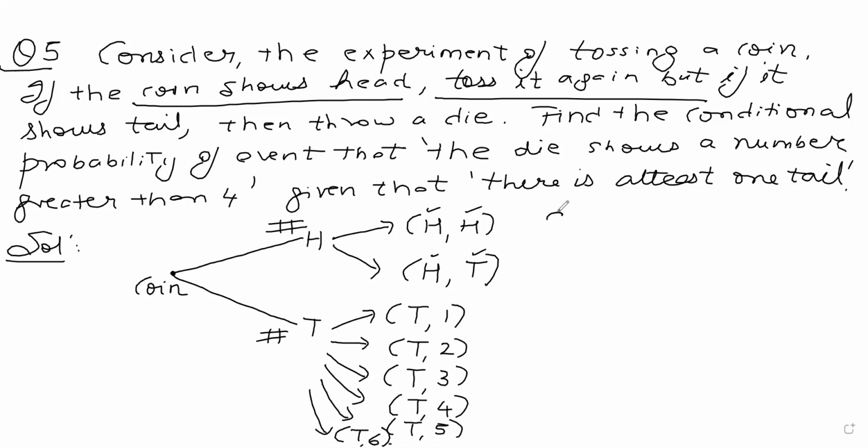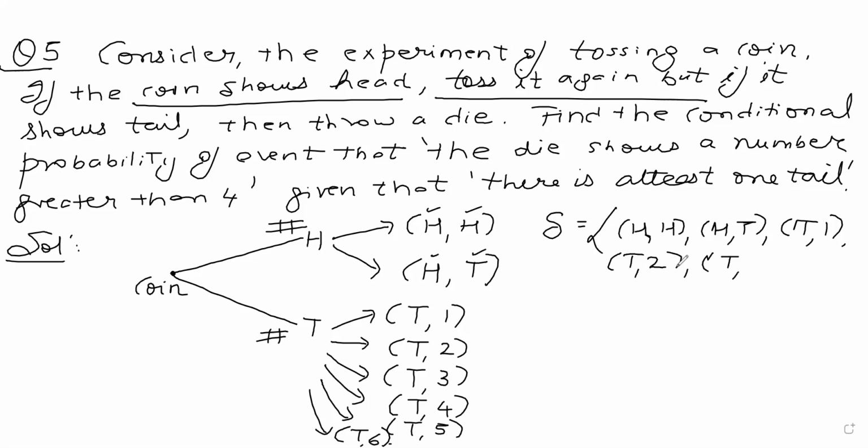So my sample space for the experiment is heads, tails, tail 1, tail 2, tail 3, tail 4, tail 5, tail 6. Okay, so this is my sample space of the experiment.